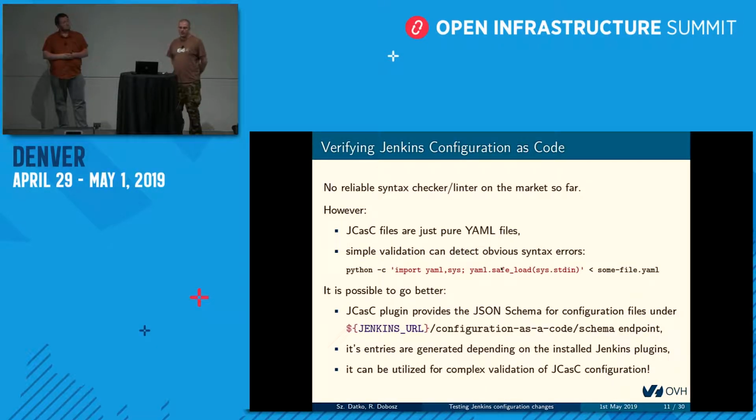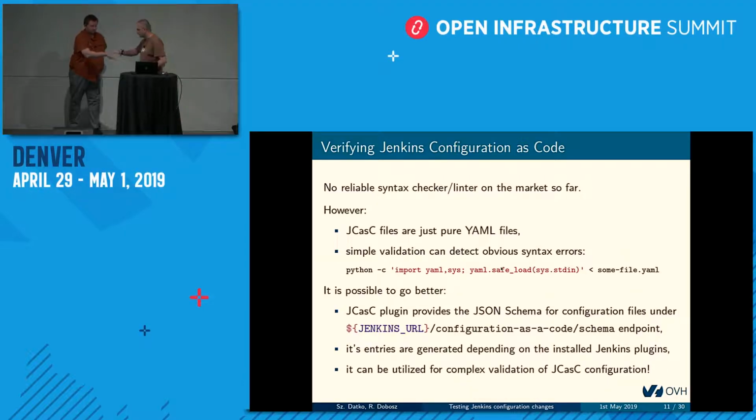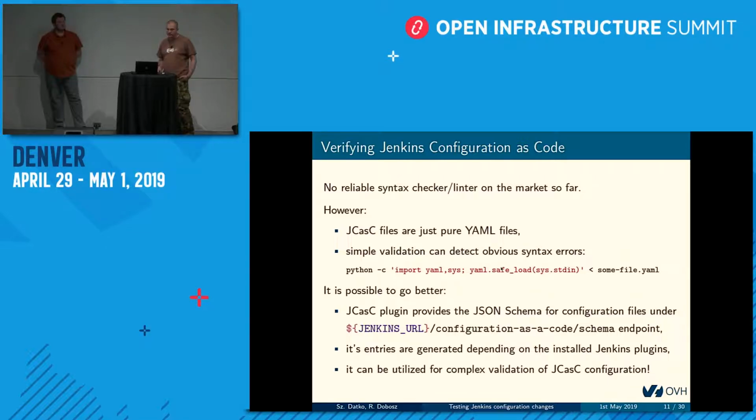Okay, regarding verifying Jenkins Configuration as Code, these are simply YAML files, so we could, for example, use this one-liner in the first section, just to verify that the YAML file is correct, at least from the YAML point of view.